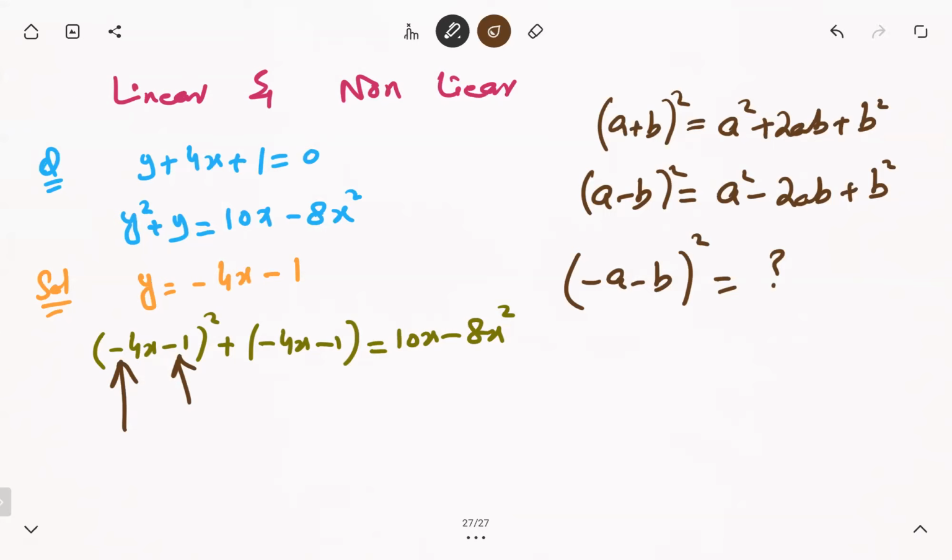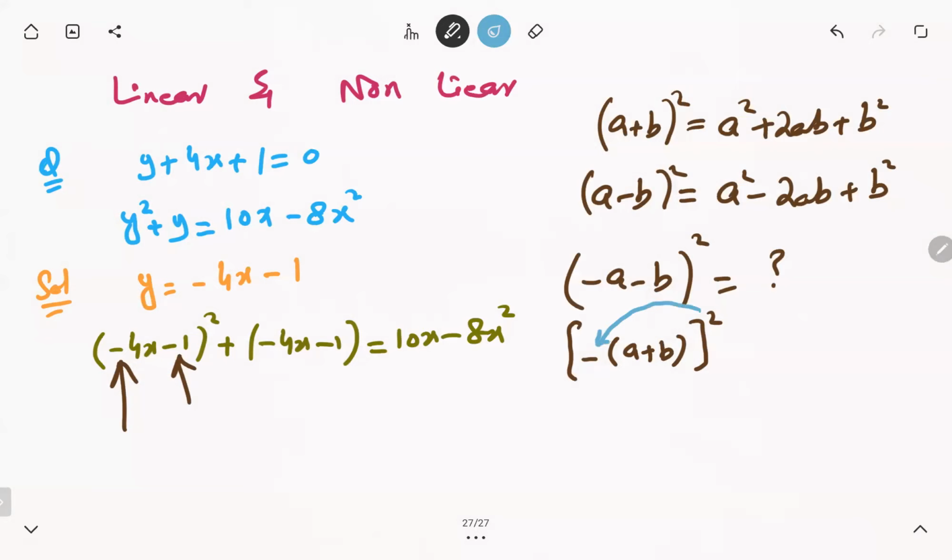Now just see here. If I take minus common from minus a minus b whole square, inside I will get positive a, positive b, and the minus is still there. But remember, there's a whole square. What's the square of a negative number?